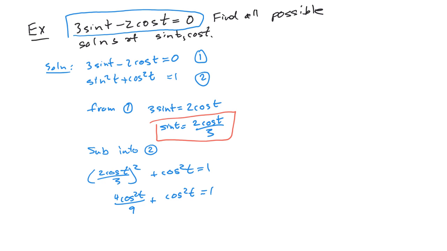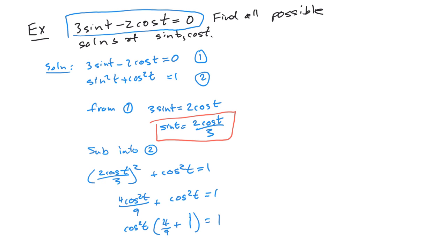And then what we can do is factor out a cos squared t, to get 4 over 9 plus 1 in the bracket. So now that we've done that, let's continue with the math.